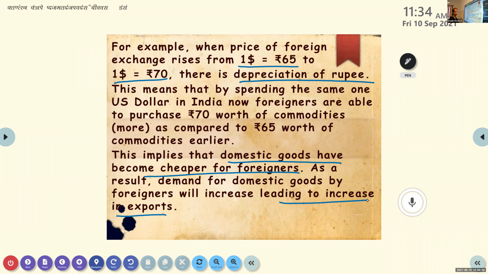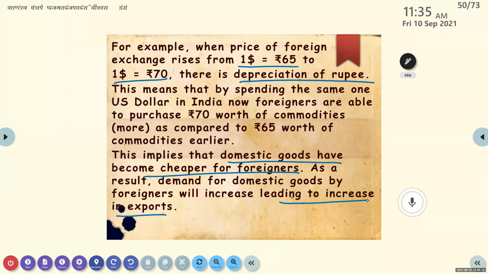Hadi, can you tell what you mean by depreciation? Decrease in the value of domestic currency. Is that helpful in any manner for a particular country? Hadi, will it be helpful?